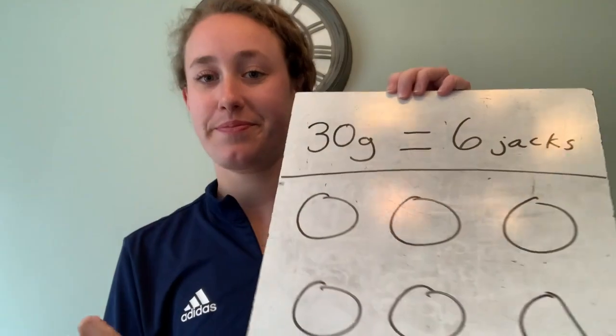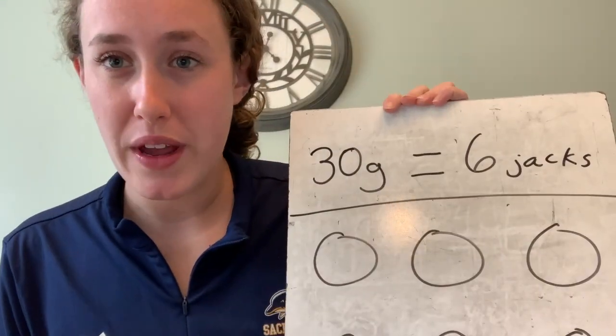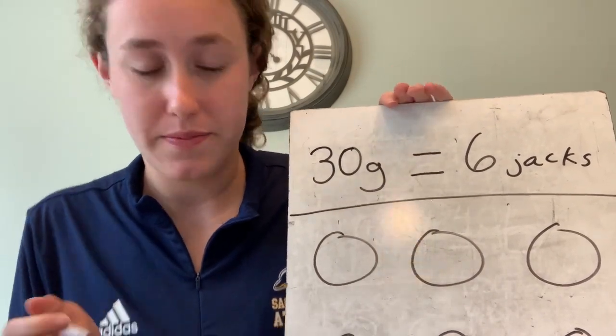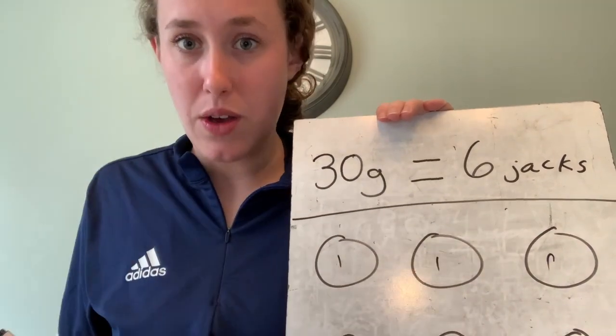There are 6 jacks, right? So on my whiteboard, I'm drawing 6 circles. I have 30 grams to share equally between the 6 jacks. 1, 2, 3, 4, 5, 6.